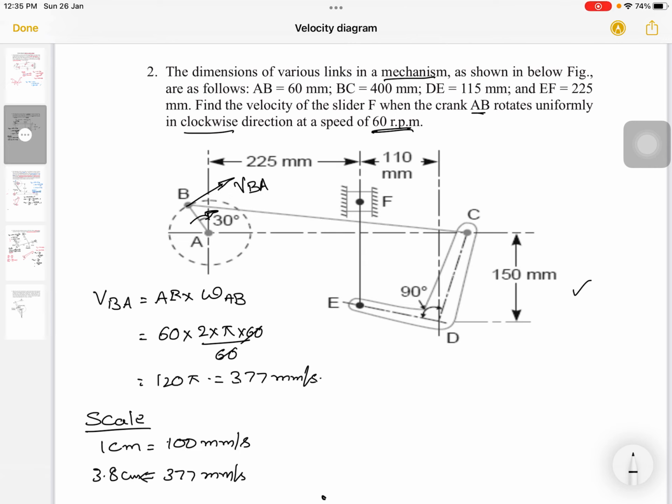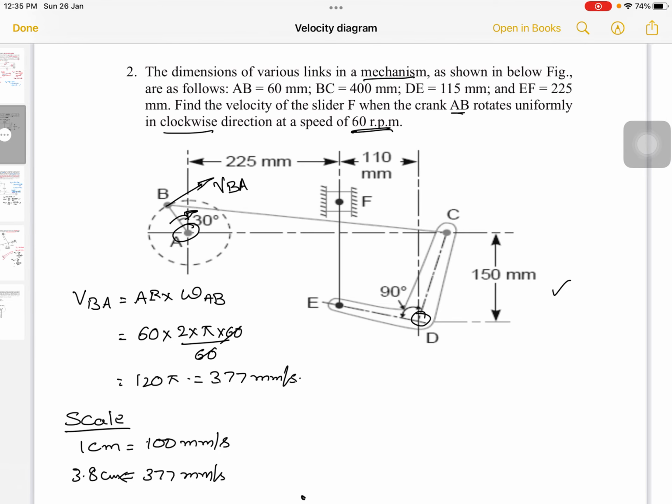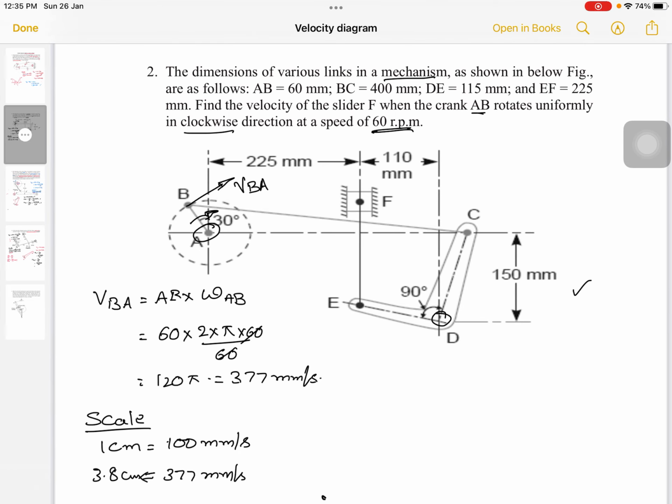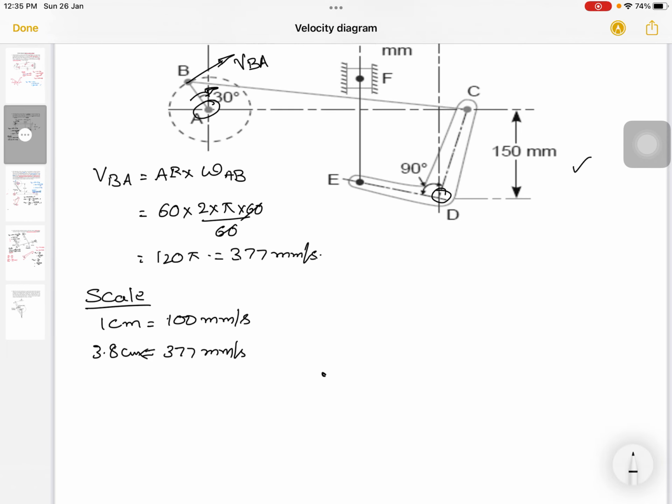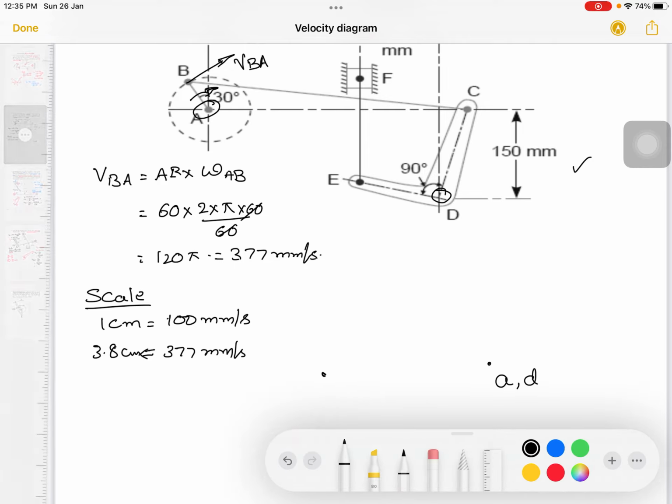Now in this given mechanism, A and D are the fixed points. Let's see how to draw the velocity diagram. First start with the fixed points, A comma D. Now draw a line perpendicular to AB.